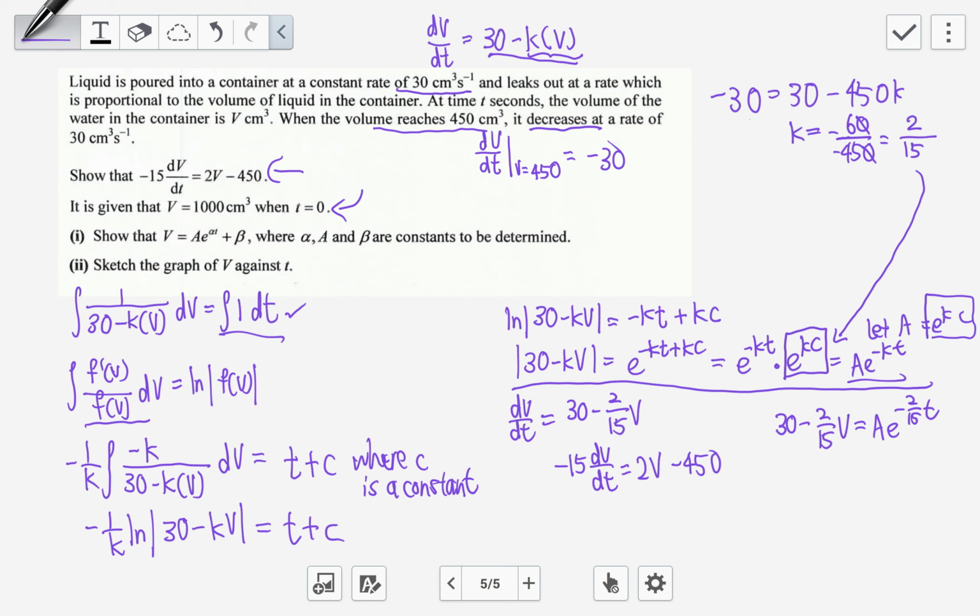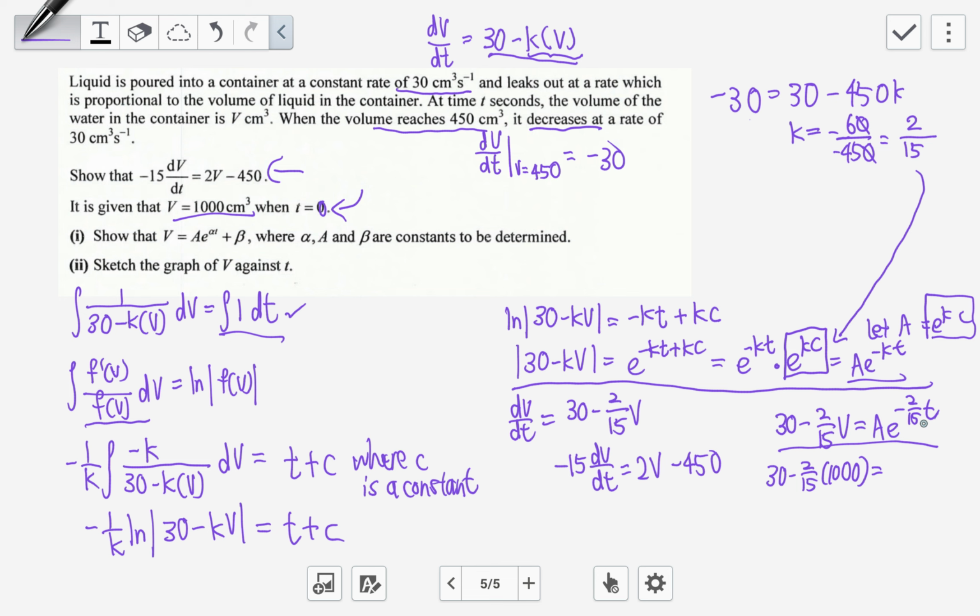So when v equals 1000 and t equals 0, this will help us solve for our value of a. So 30 minus 2 over 15 multiplied by 1000 equals a e to the power of 0.